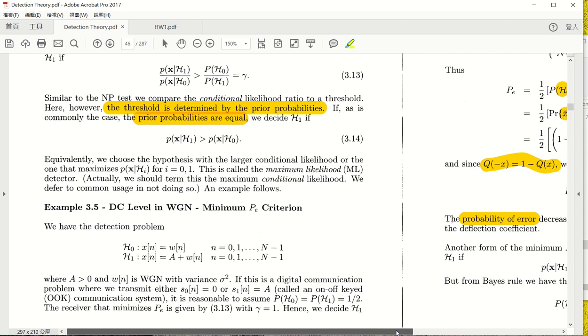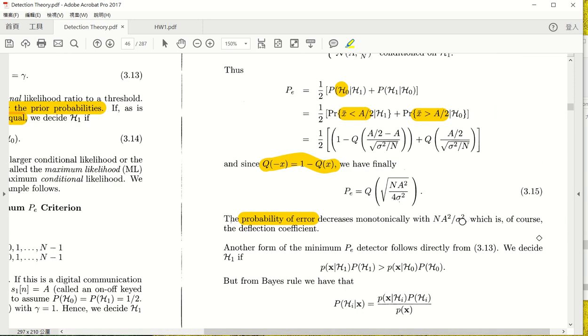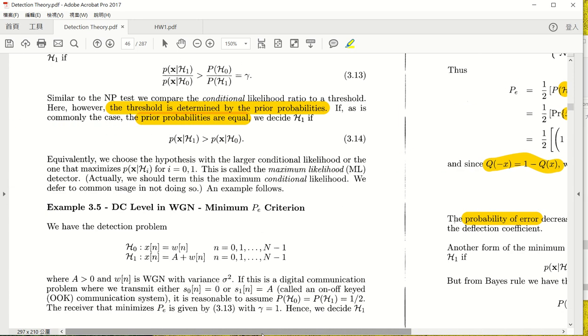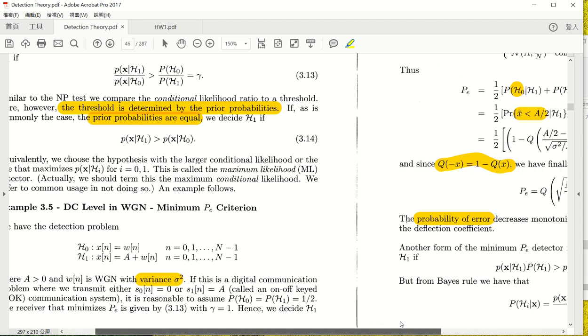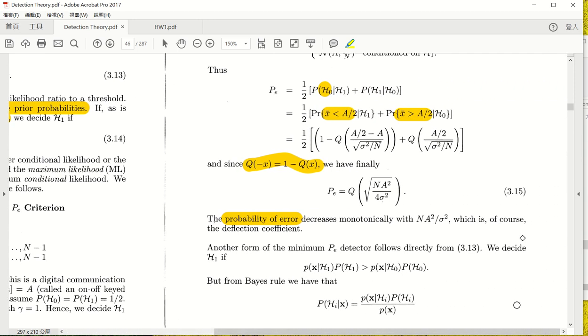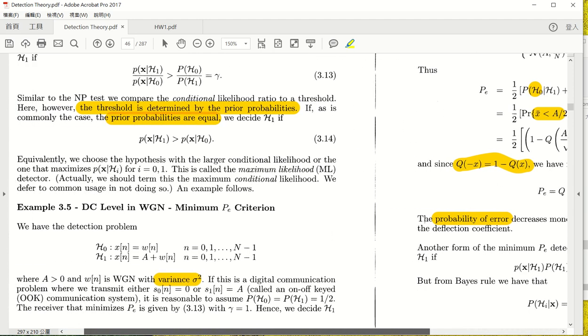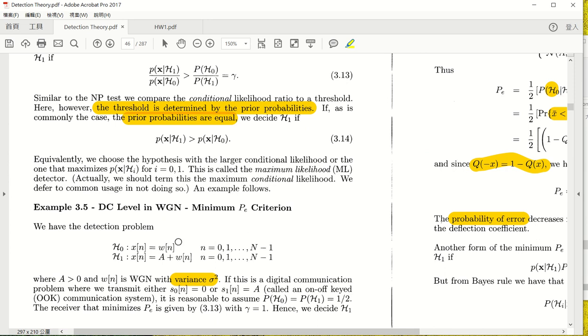And the other thing is sigma square. If sigma square is smaller, what it means is the noise variance is smaller, and of course you get better performance. So the mathematical outcome is consistent with our intuition in the problem.